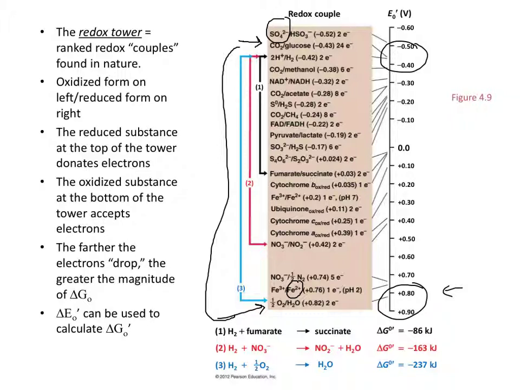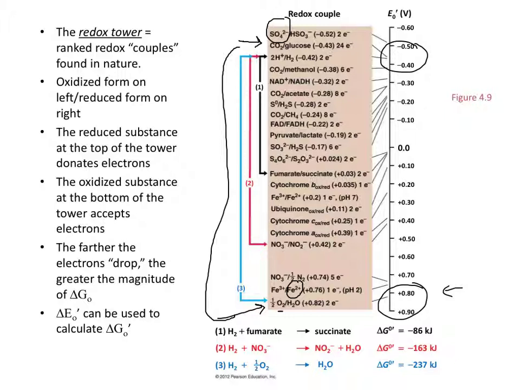In an aerobic environment, there would be oxygen. Because the oxygen-water couple is below the ferrous iron couple, that's a potentially possible reaction. There's not much of a drop there, so you would want to calculate the delta G, but it is possible. Other possibilities are shown here as 1, 2, and 3 in black, red, and blue respectively.